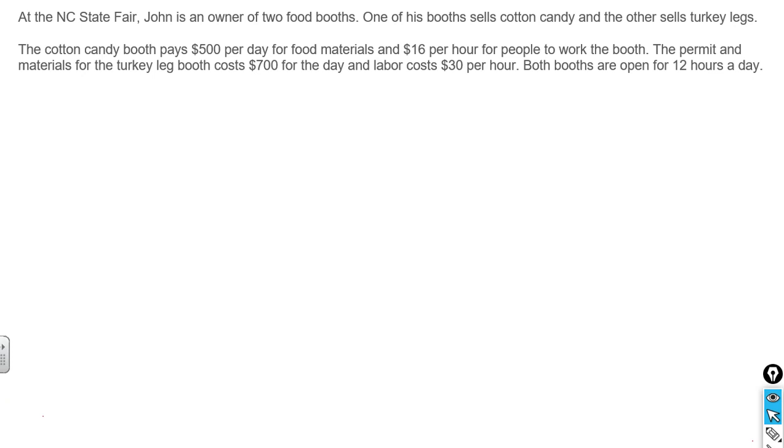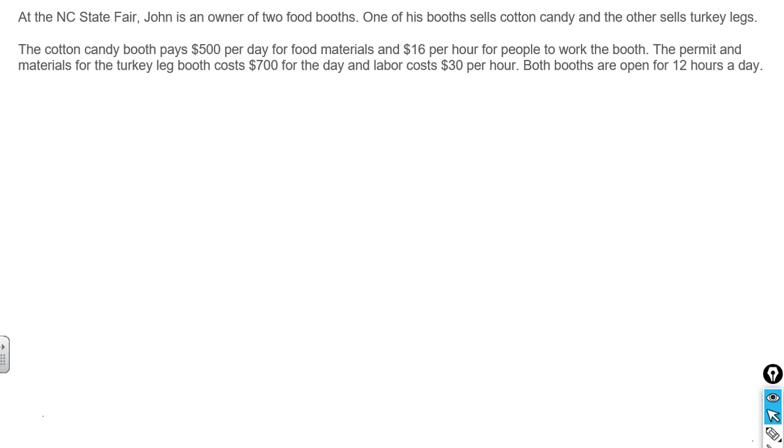If we look at problem number 2, it says how much more does the turkey leg booth cost per day? Model the situation using multiple representations. So we're going to now model the difference between the cost of the turkey leg booth and the cotton candy booth using the same representations that we just looked at for problem number 1.